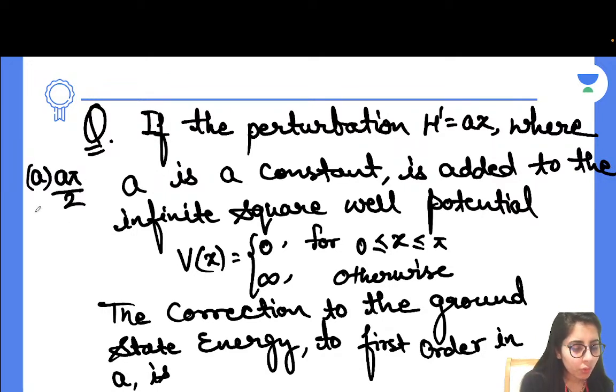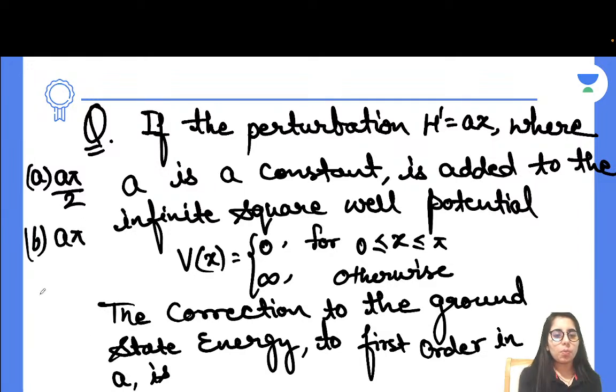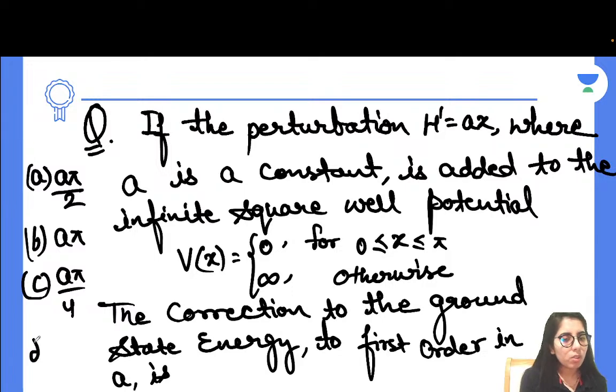Option A is A pi over 2, option B is A pi, option C is A pi over 4, and option D is A pi over root 2.